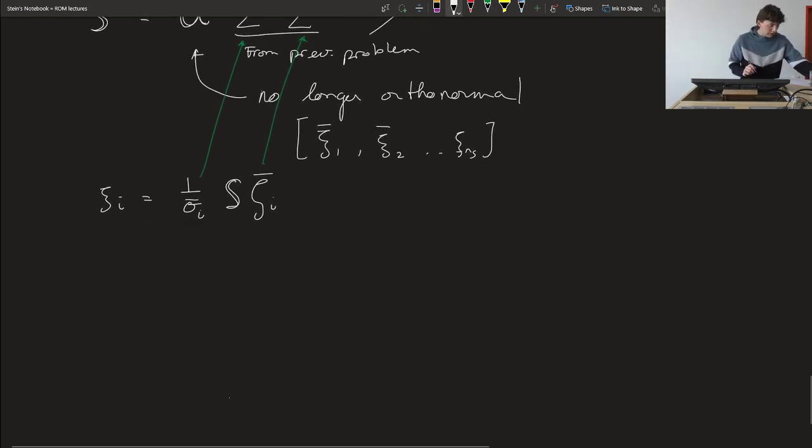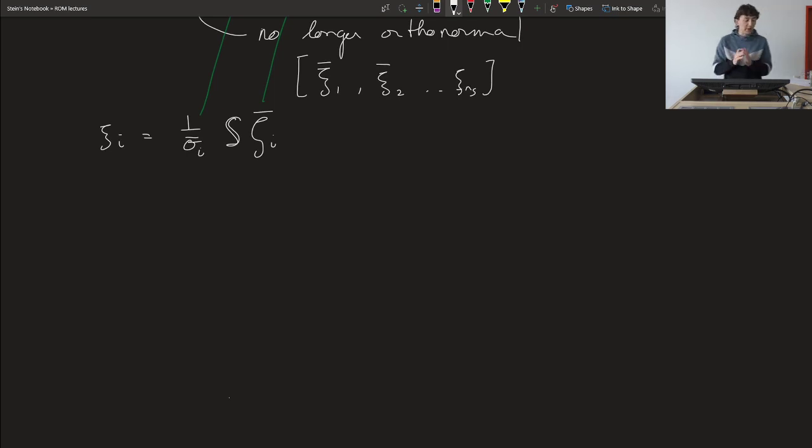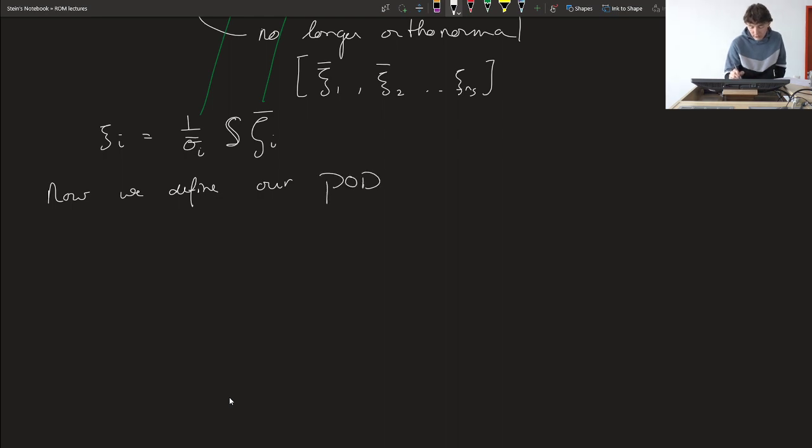Then we're almost at the end of the story, because this is where we define our reduced basis. So now we define our POD, proper orthogonal decomposition, reduced space, V n. That's what we've been using as a reduced space, the span of the first n of those left singular vectors.